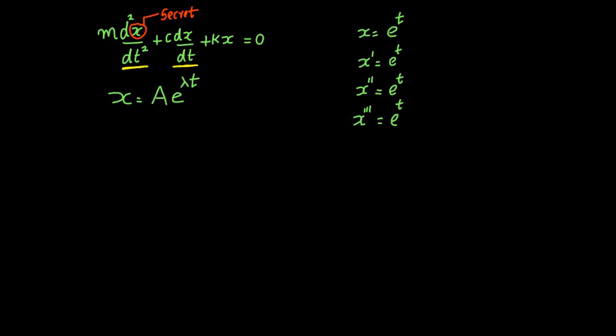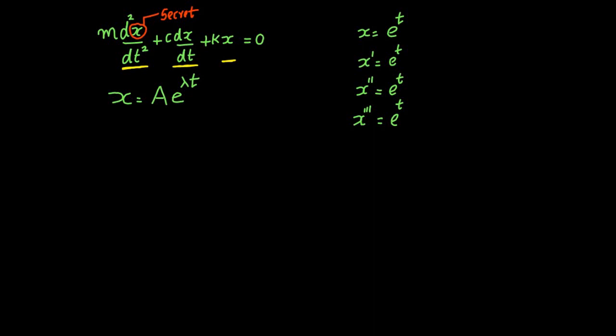We just have to substitute the value of x. So conveniently, in every term, you are going to get e power lambda t. Of course, you will be taking lambda outside, but that's a different story. But you will be getting e power lambda t.